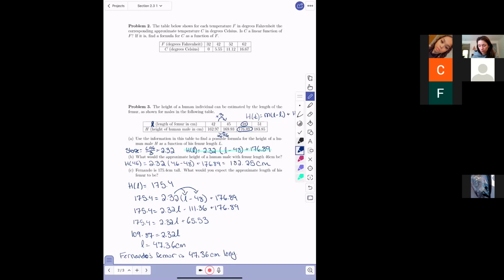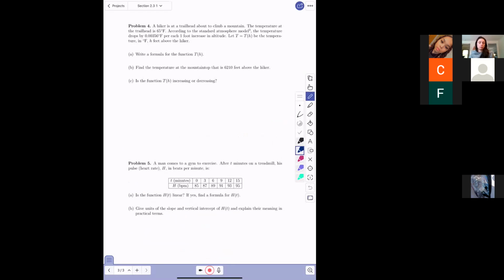All right. We're going to do problem 4 together, and then I'll leave number 5 for you. Okay. A hiker is at a trailhead about to climb a mountain. The temperature at the trailhead is 65 degrees Fahrenheit.